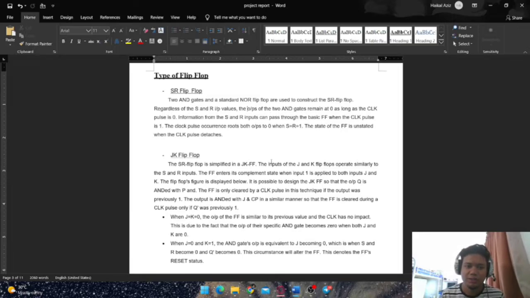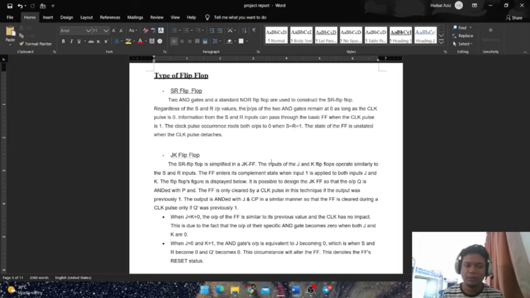Regardless of the S and R input values, the outputs of the two AND gates remain at 0 as long as the clock pulse is 0. Information from the S and R inputs can pass through the basic flip-flop when the clock pulse is 1.